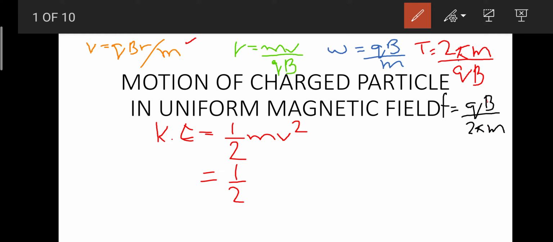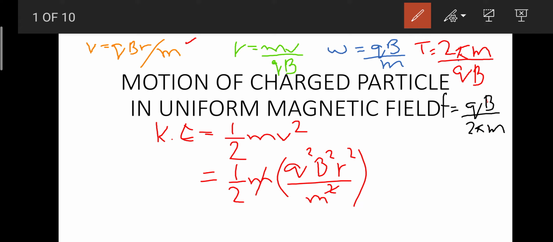Half m q square B square r square divided by m square, right? So from here we can see this m would be cancelled out, and the value of kinetic energy comes out to be half q square B square r square divided by m. So that's how we can easily calculate the kinetic energy for the charged particles moving in a circular path.